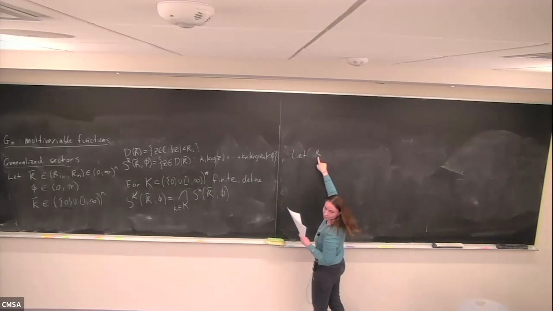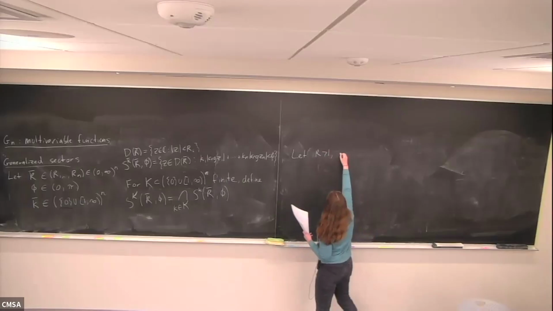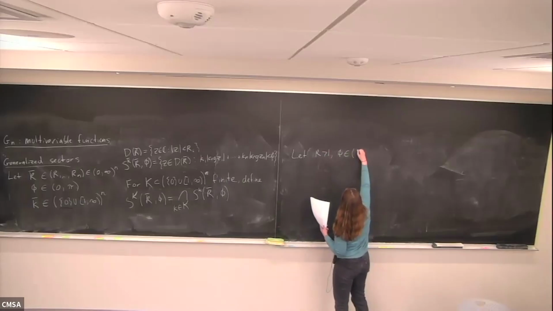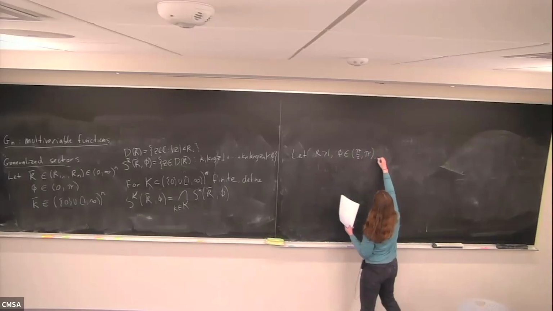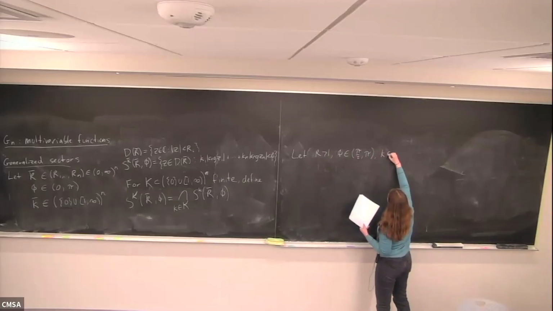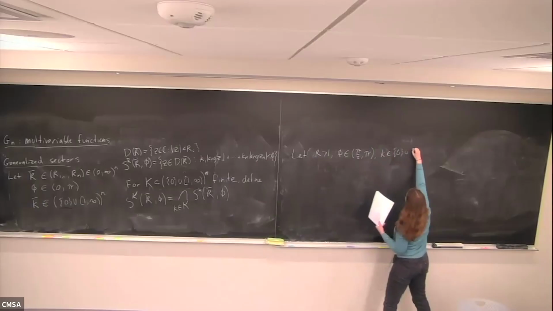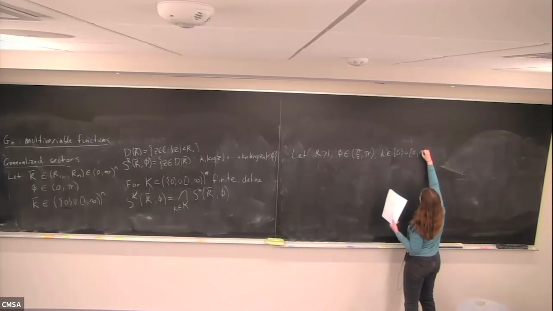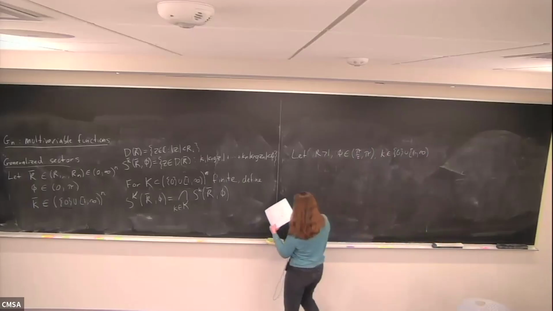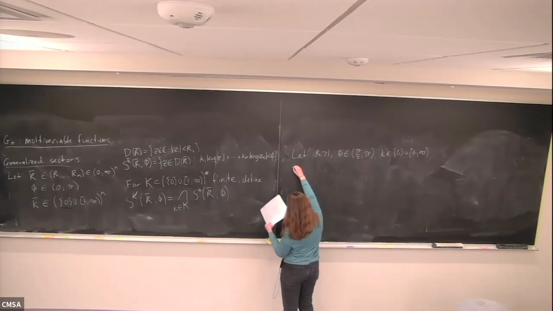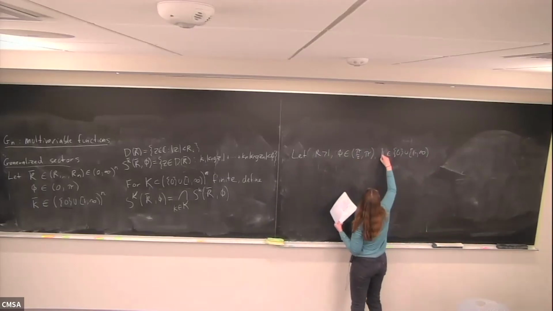So R is just a number greater than 1. Phi is an angle between pi over 2 and pi. K is an element, either 0 or something greater than 1. And, sorry, I do still want to take a subset.